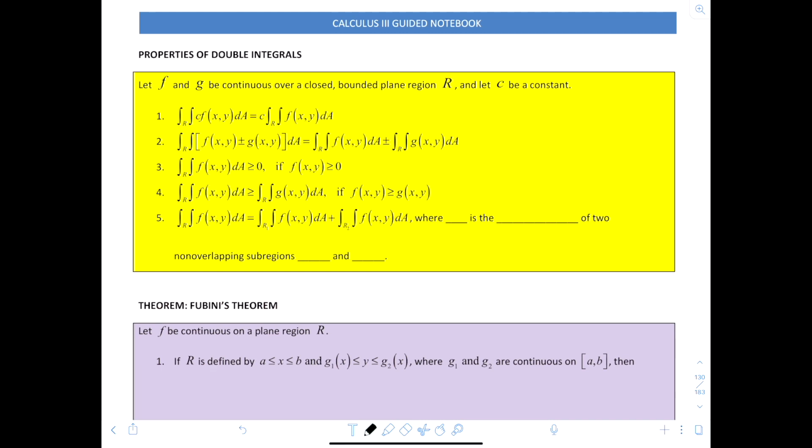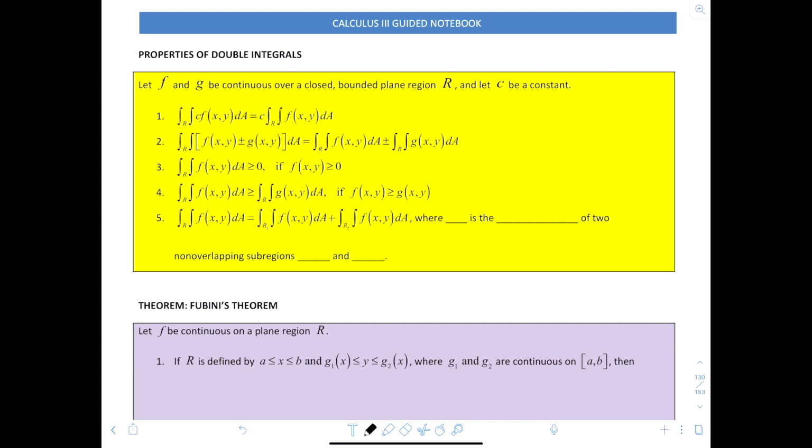Now, let's take a look at properties of double integrals. It turns out these properties are very similar to what you've learned before. If you have a constant times your function of x and y, it can be taken in or out of the iterated integral.